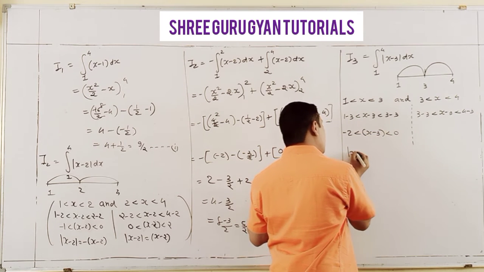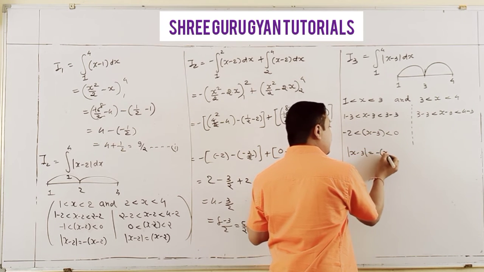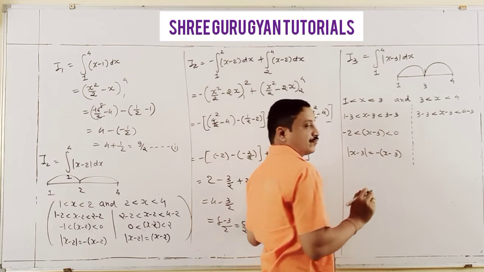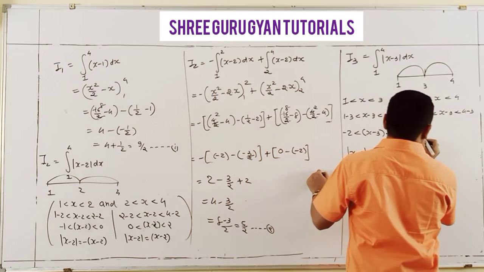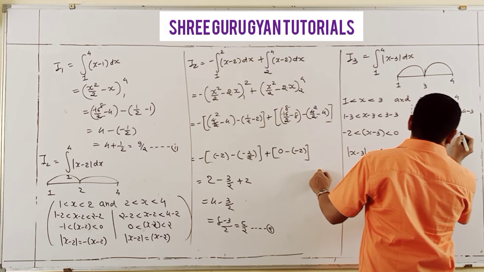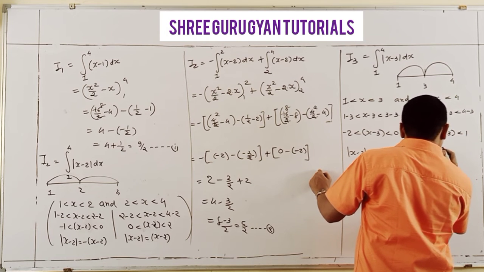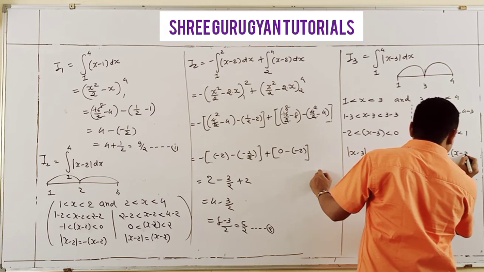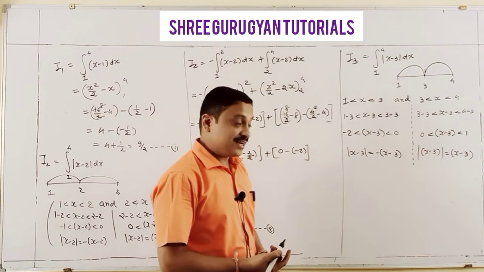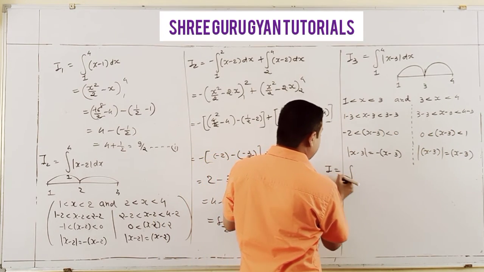Purely, students, it is the negative case, and here 0 to 1 it is purely positive case, and that solution must start now.